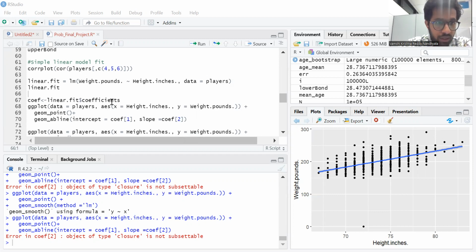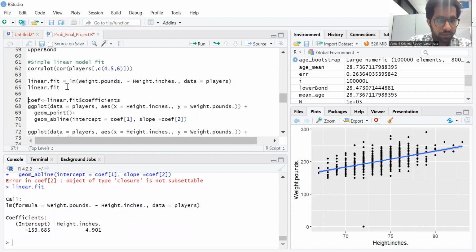If you can observe this linear fit, it is showing the coefficients: intercept is something like minus 159.685, and 4.901 for height in inches. That means this line will cross the axis at minus 159.685.